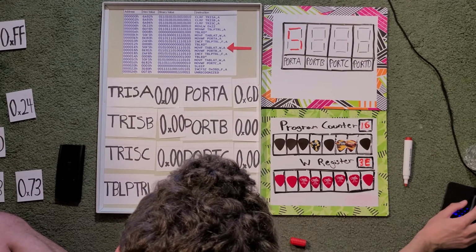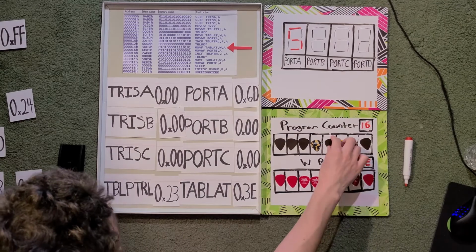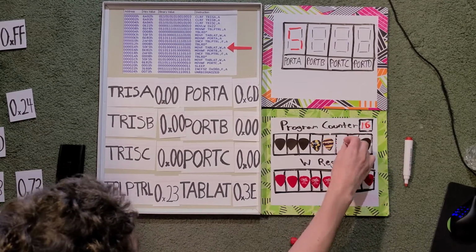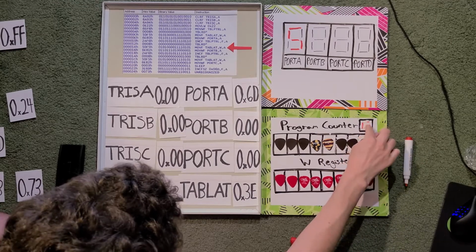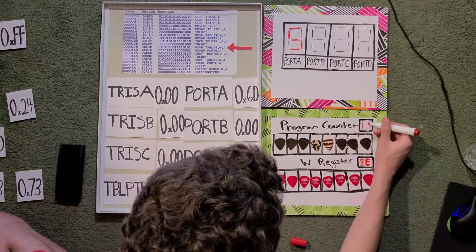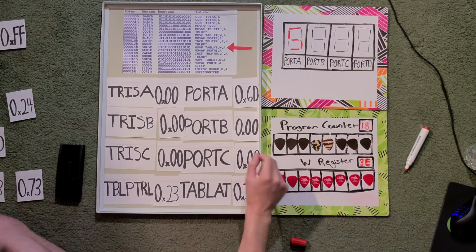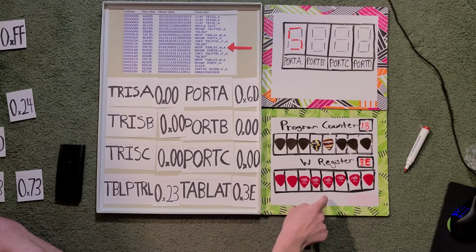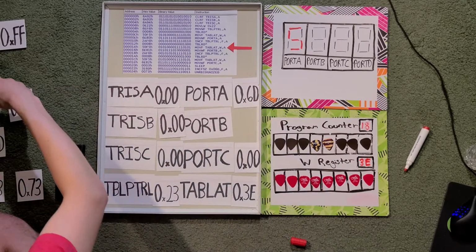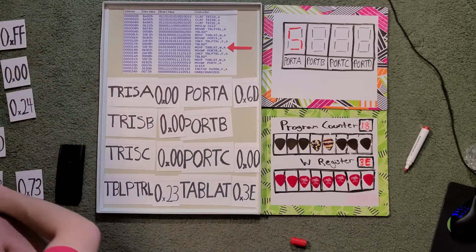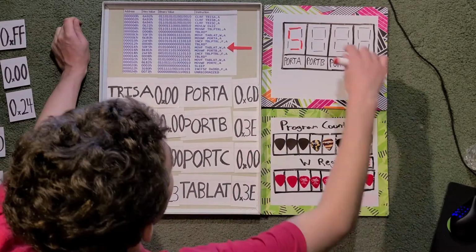Now I get 3E in the W register. Now we can move that to port B. Now we're on step 18. Put the program counter to 18. And now we move the value in the W register to port B. Now I get 3E in port B, which is able to turn on this light.